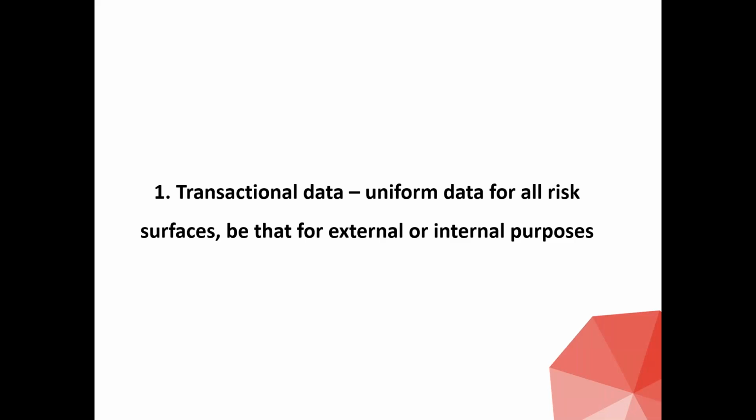Number 1, we think that you need transactional data. And by transactional data, we say that you need uniform data for all risk surfaces alike. You need uniform data for external and internal purposes alike.